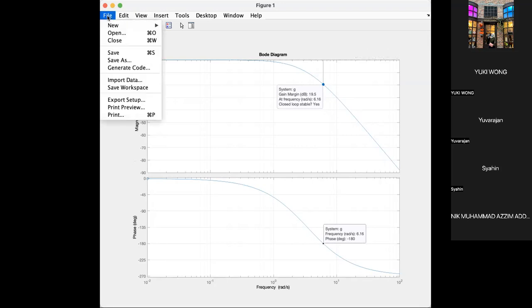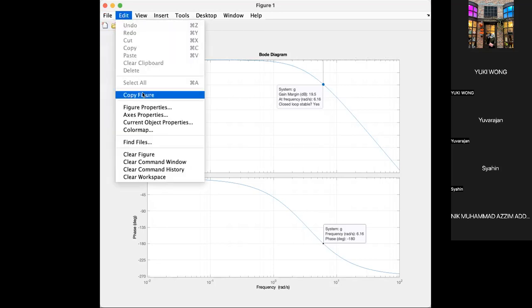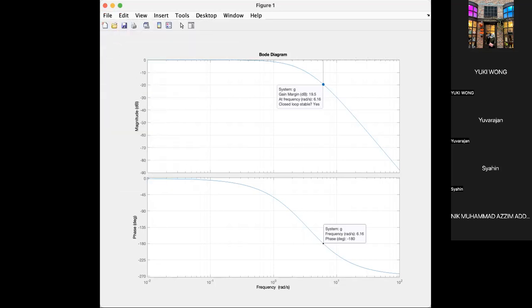So I copy this one and I share with all of you.